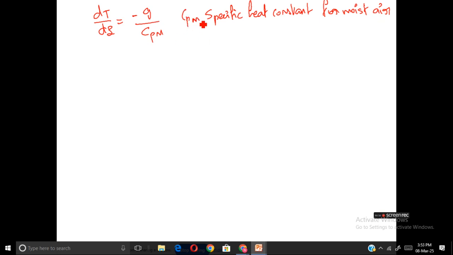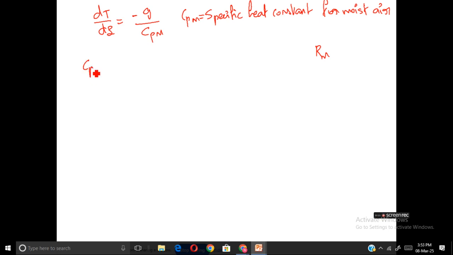Just like we have Rd and Rm, where Rm depends on the amount of moisture present in the parcel, similarly we have a specific heat constant for dry air as well as for moist air. So this is the equation in case of moisture: dT by dz for moist air is minus g by Cpm.